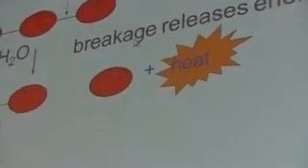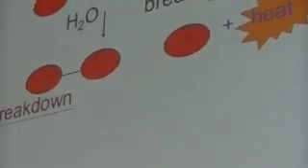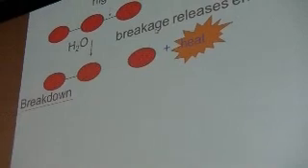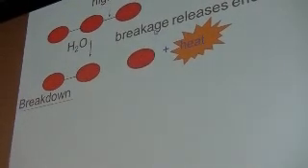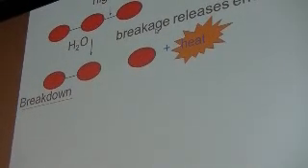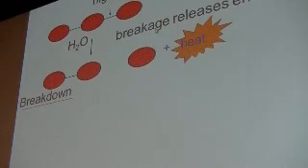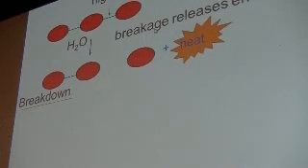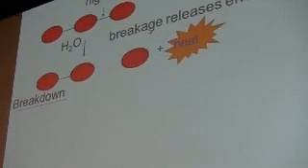It happens for all polymers, always true. So such a breakdown reaction, because it requires the consumption of water, is called a hydrolysis reaction. Hydro, or water, lysis, or breakdown. So a hydrolysis reaction is a breakdown of a polymer, where water is consumed and energy is released.